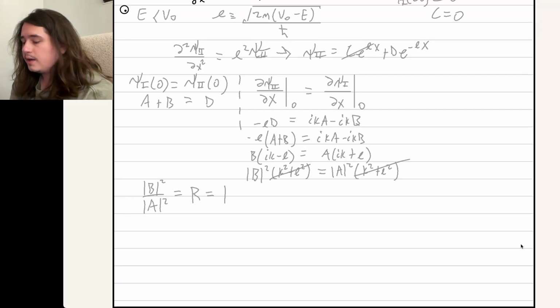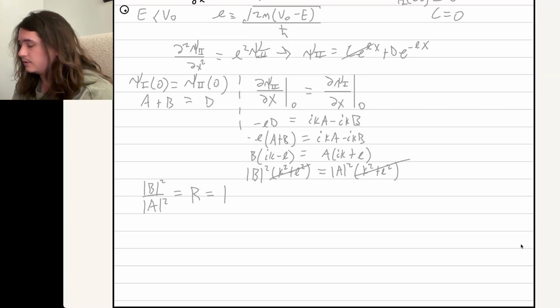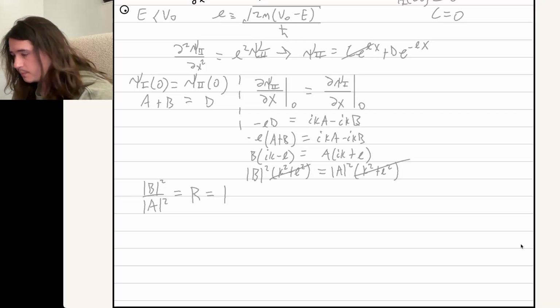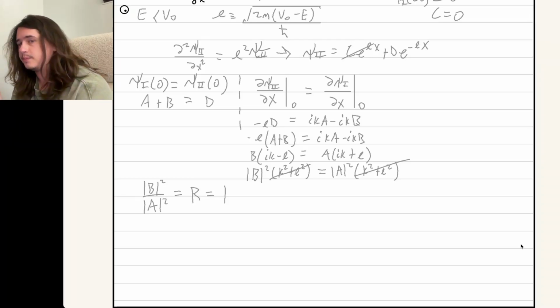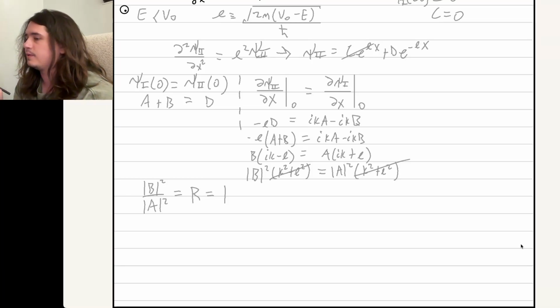Now, does that mean that 100% of the wave function is reflected against the barrier? Not really, because the wave function exists on the other side of the barrier. There is a psi 2 that's non-zero. What's happening, to my understanding, is that when you actually measure a particle that has this wave function in this potential, you're never going to find the particle on the other side of the potential.